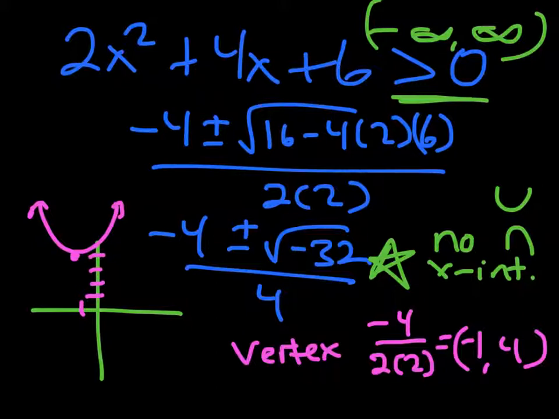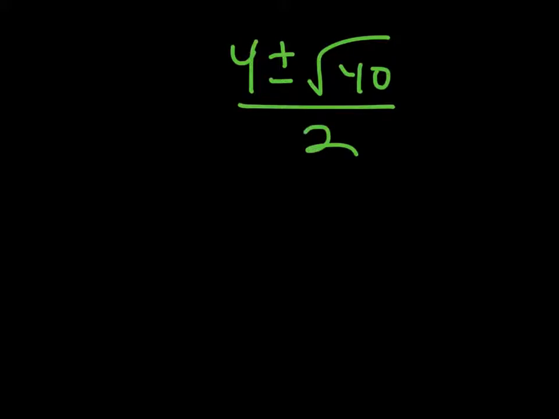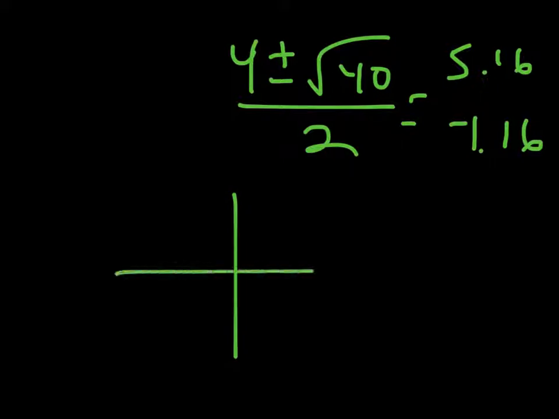Then be careful. Sometimes when you do your quadratic formula, you might end up with something like this: 2 plus or minus the square root of 40, over 2. You can convert those to decimals, hopefully. So I got 5.16 and negative 1.16. That's okay. Sometimes your x-intercepts are decimals.